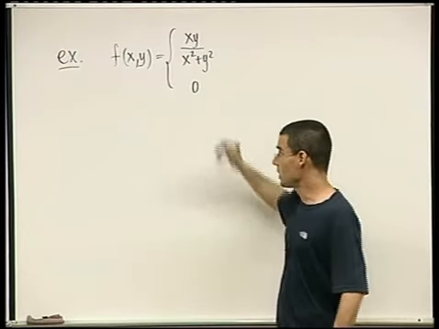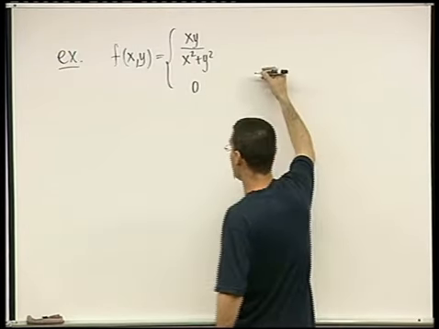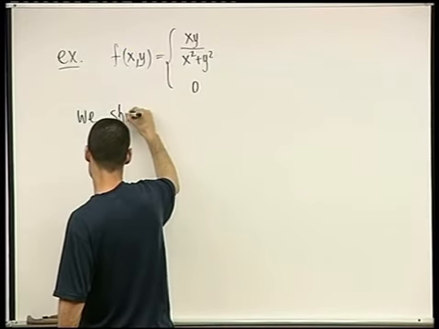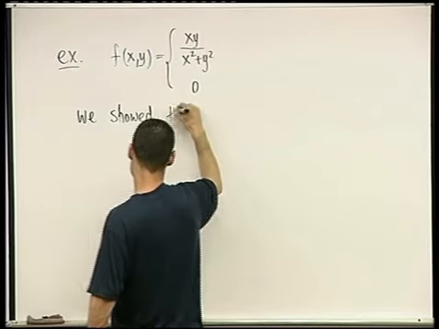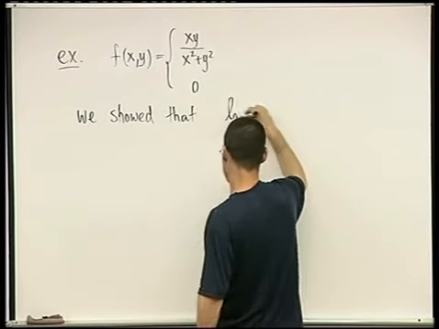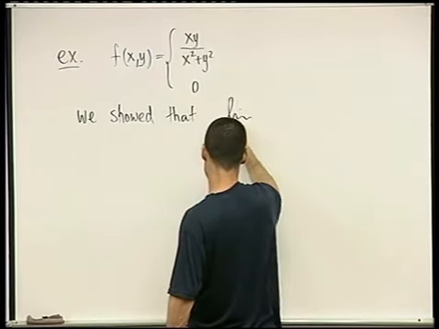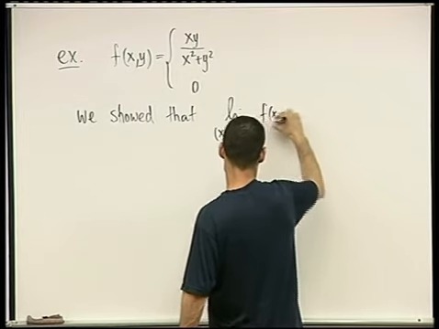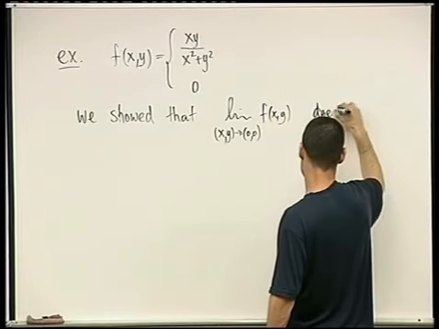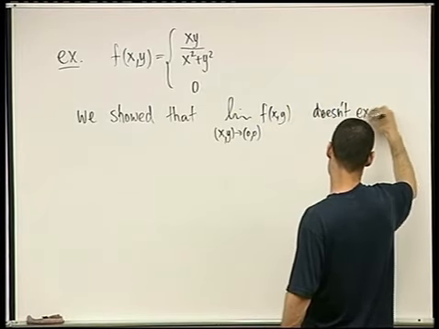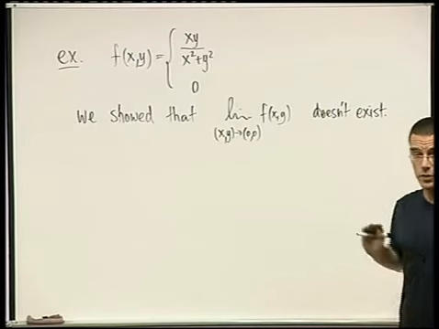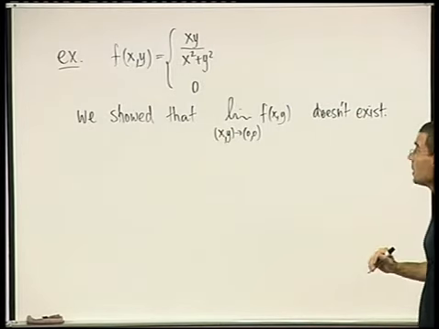So we showed that the limit as (x,y) goes to (0,0) of f(x,y) doesn't exist, along different straight paths approaching the origin.